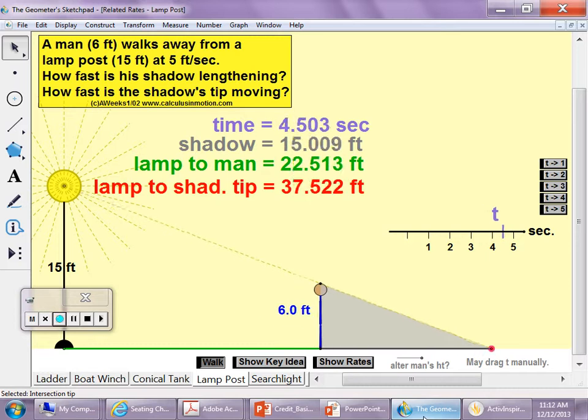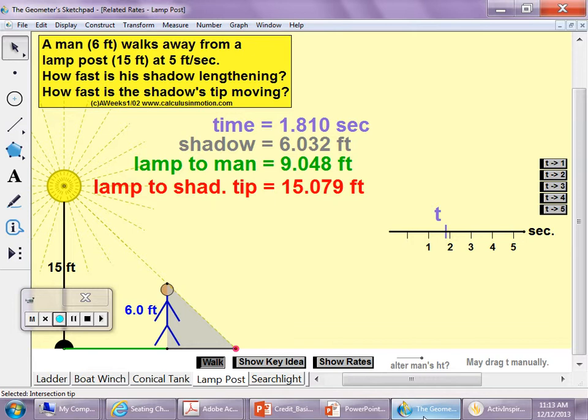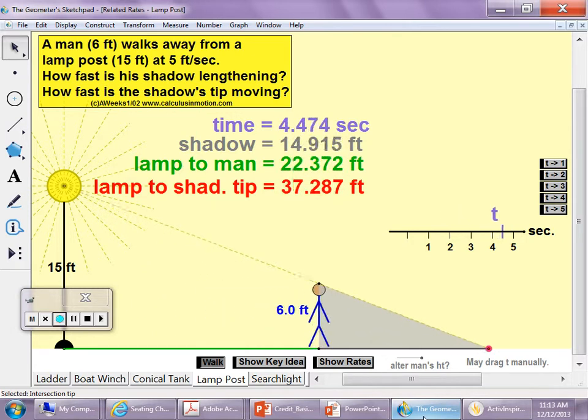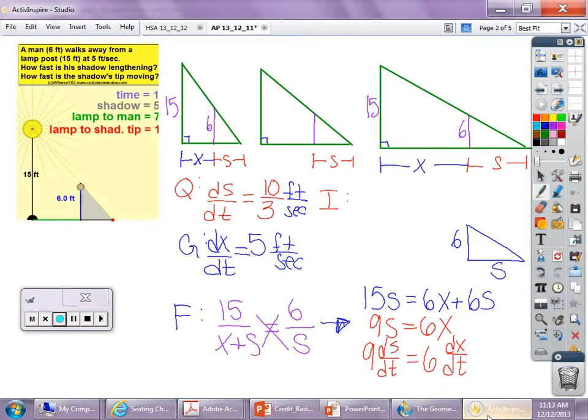That's the shadow tip. Where does it start? At the pole. Ends all the way at the end. So in our picture, we started exactly the same. So I said use z. Started at the lamppost, ends all the way at the tip itself. There's your z.